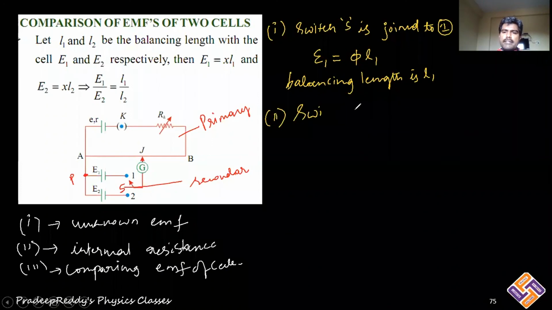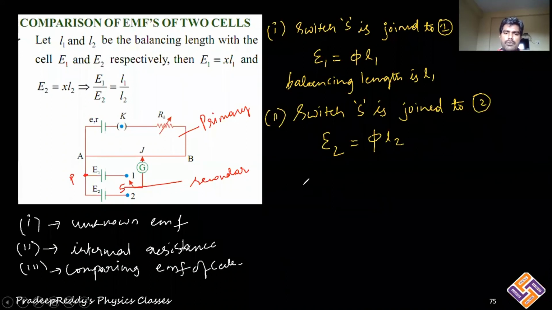The switch is joined to 2. You are removing the switch and you are connecting it to 2. As a result, now E1 is off, E2 is on. E2 is equal to pi into L2, where L2 is the balancing length.